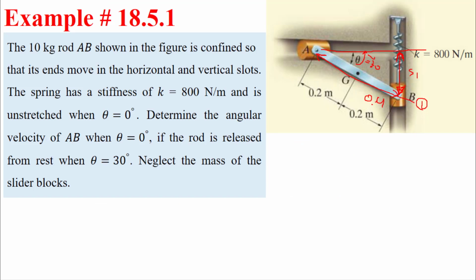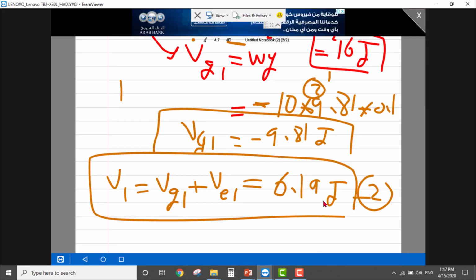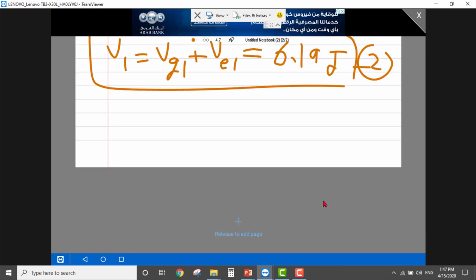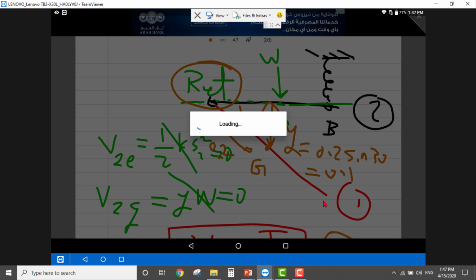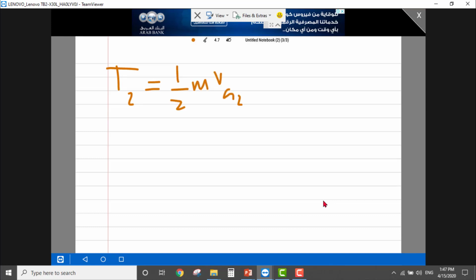Okay? Now, I think I should go back to the solving board. Now, how about T2? Let me go to a new page. T2 is equal to half m vg squared plus half Ig multiplied by omega squared.